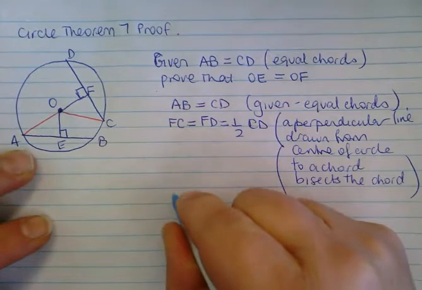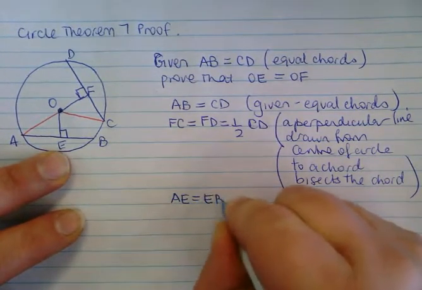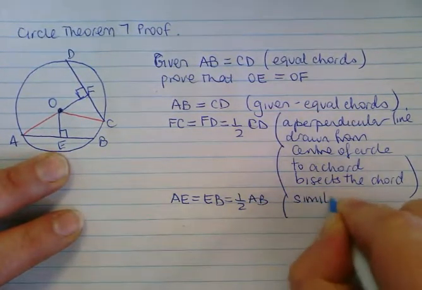And we also know that AE equals EB equals half of AB, exactly the same reason, similarly.